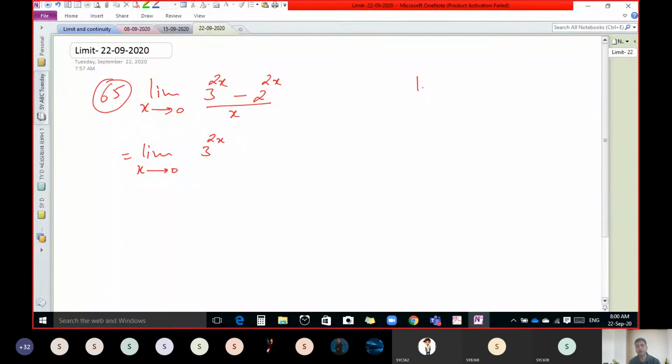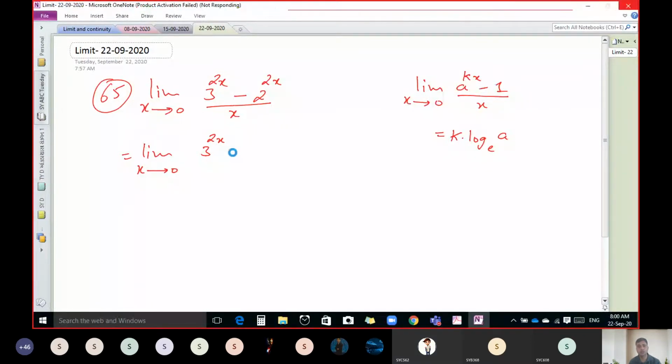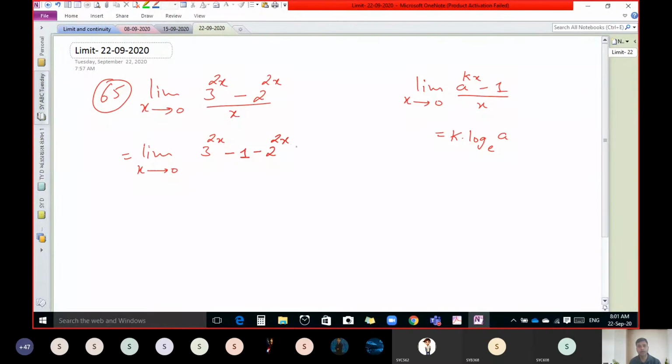See, we have a formula, limit x tends to 0, a raised to kx minus 1 upon x. Any of you know the answer of this? Sir, k log a base e. Perfect, perfect. So here we want minus 1. So subtract 1 and add 1.